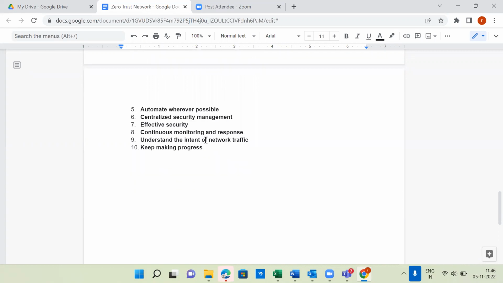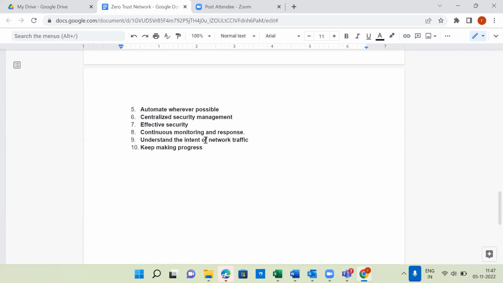Sixth one, centralized security management. Whenever any incident or hack or attack happens, from a centralized console we can monitor, and security professionals can go and do the forensic investigation or incident investigation.